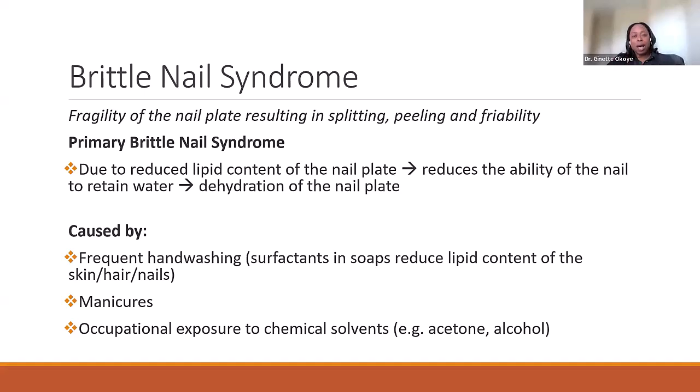So it's really common in healthcare workers, people who do wet work for any reason, people who are washing dishes a lot at home, people who are changing babies a lot and washing their hands a lot. And the reason is the surfactants in soap basically strip the nail, just like it strips your skin. It strips the nail of the lipid content and makes it just more vulnerable to every other insult.